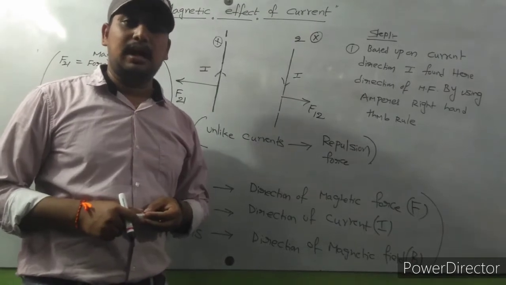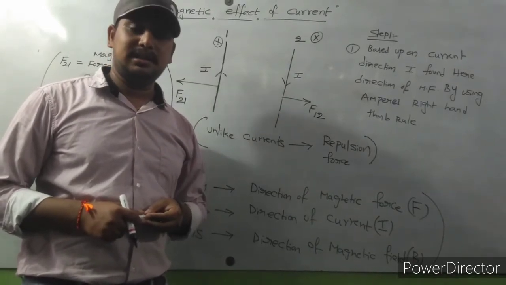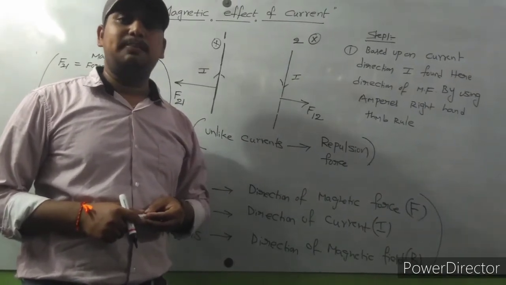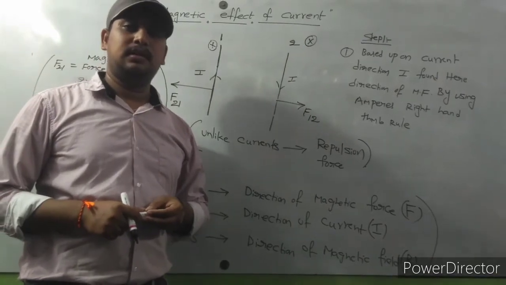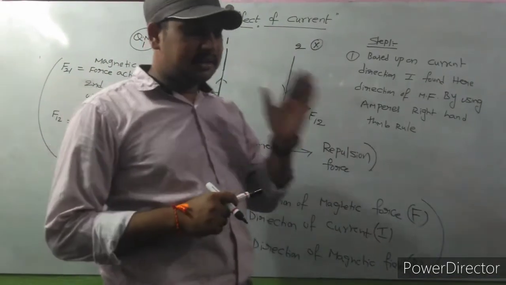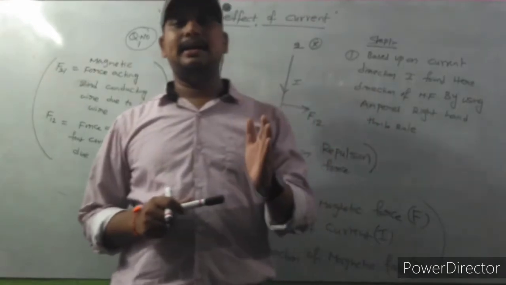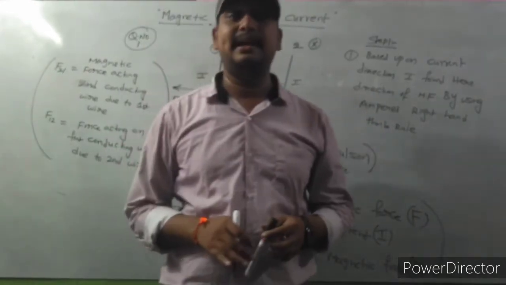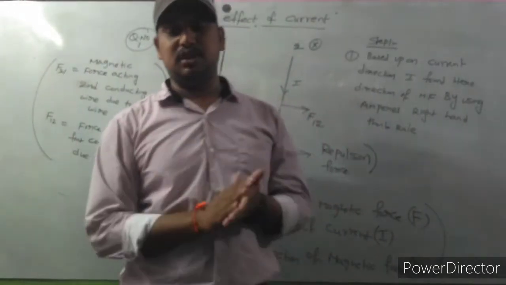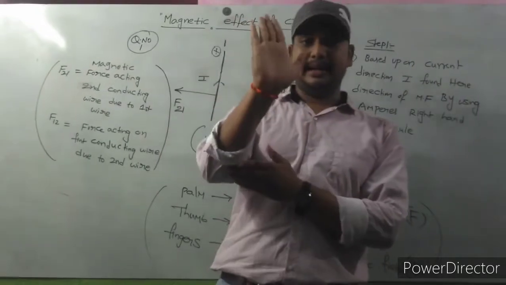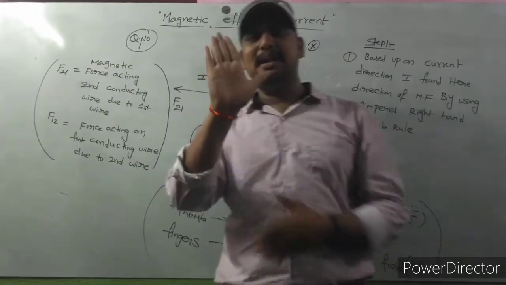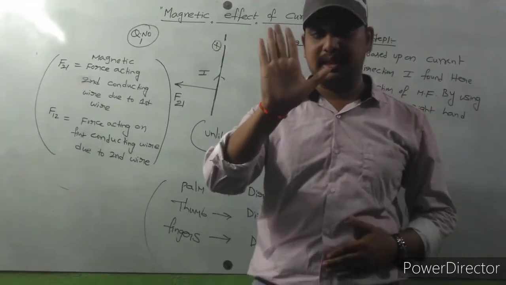Dear student, I will recapitulate this concept one more time. Up to now we discussed Fleming's right hand palm rule. The name itself says we are using the right hand.